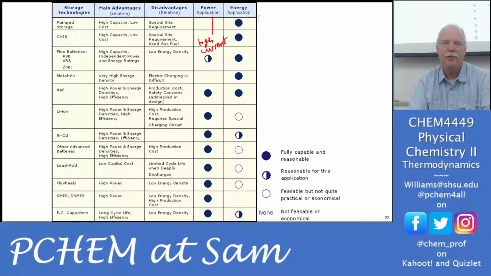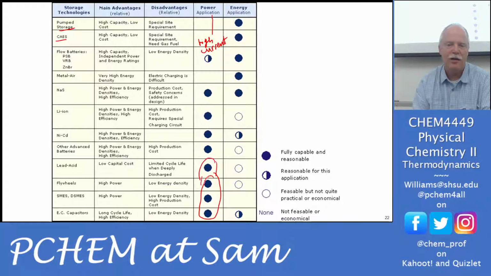And then energy would be commodity levels, like the compressed air storage, pumped hydro, these flow batteries, and then getting into the sodium sulfur battery, the fire and brimstone battery. It's in that mid-range. It kind of makes that branch from energy applications over to power applications. And then you get down here to flywheels and ultracapacitors. Those are your high torque items. And lead acid batteries, obviously.